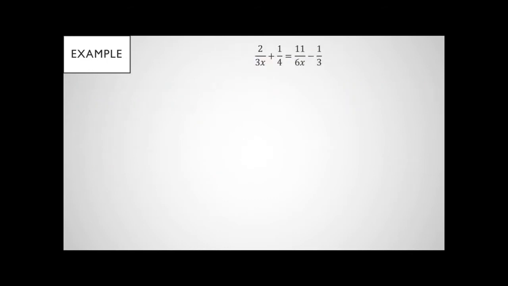Okay, so this one, 2 over 3x plus 1/4 equals 11 over 6x minus 1/3. So here I've got pretty simple fractions, pretty simple denominators on both sides. So this one I would probably try to do a proportion method, because they're pretty easy to get a common denominator on the left and a common denominator on the right, and then cross multiply.